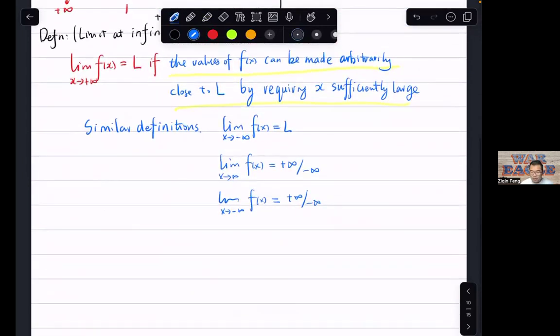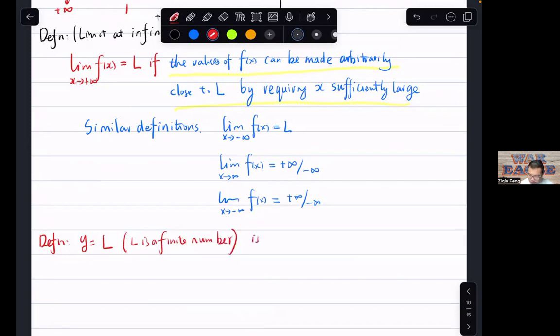If this happens, we get some good property of the graph. Let's write a definition here. The definition: y equals L, where L has to be a finite number. When you have a finite limit at infinity, you get a horizontal asymptote.